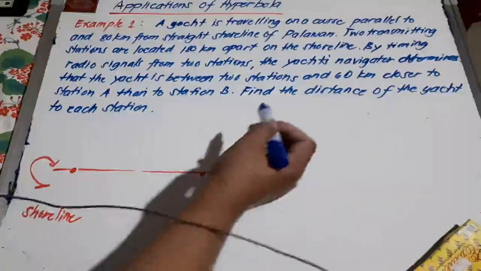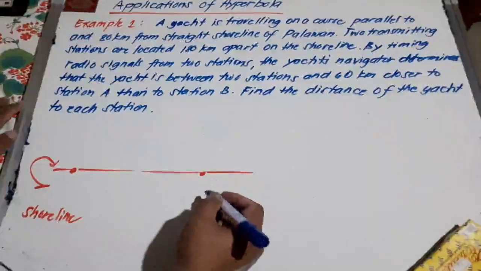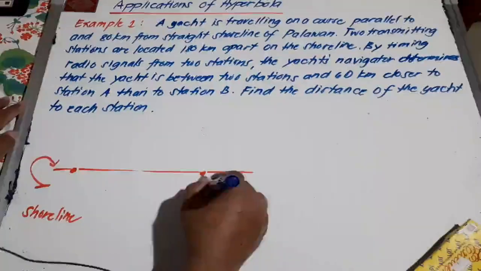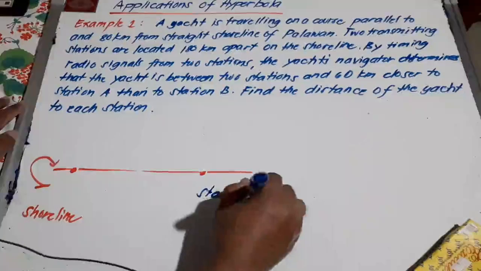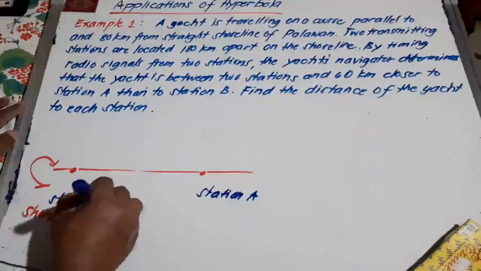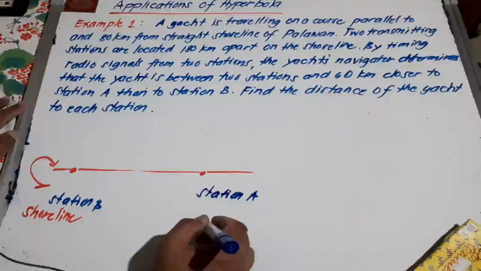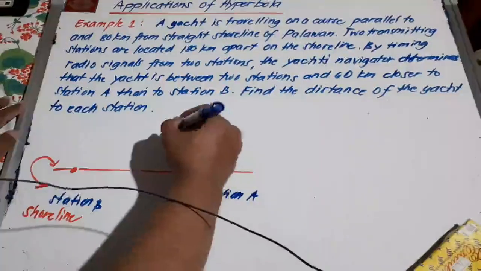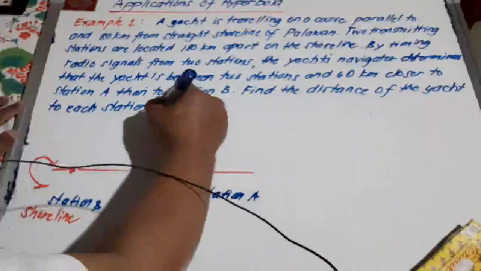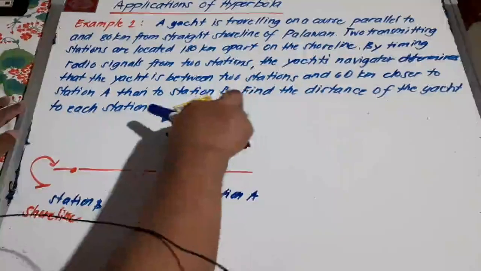Sabi dito, 60 km closer to Station A than to Station B. So, mas malapit sa Station A yung yate. So, sabihin natin, ito yung Station A. Ito yung ating Station B. Yung two stations, actually, yun yung location ng foci ng ating hyperbola. So, let's say na andito yung ating ship, yung yate.